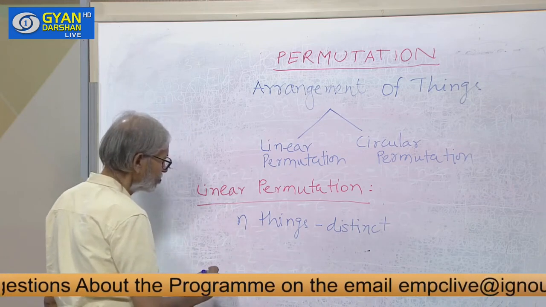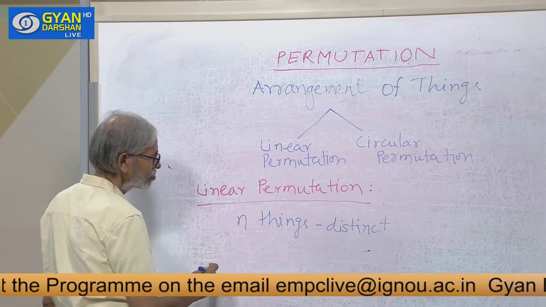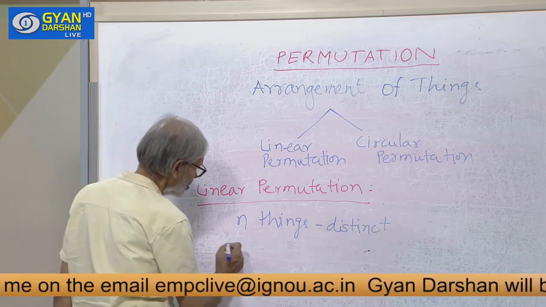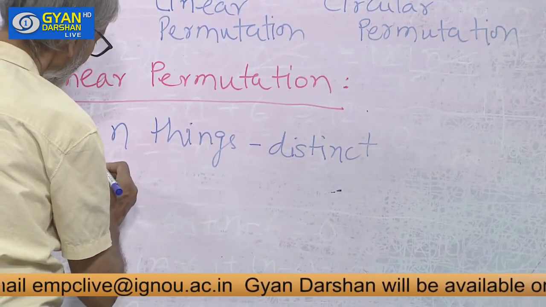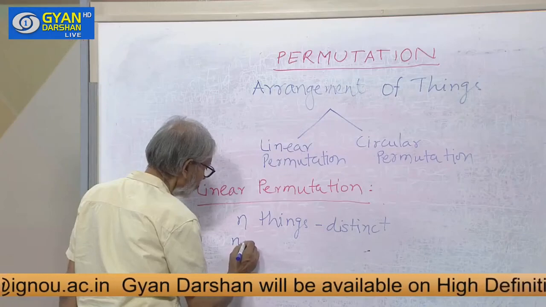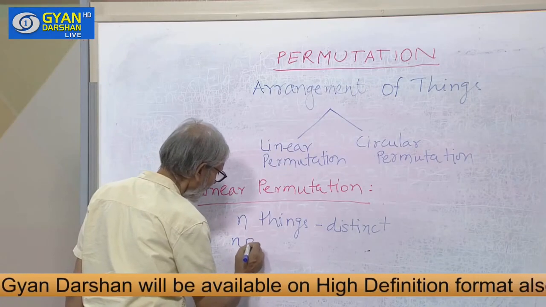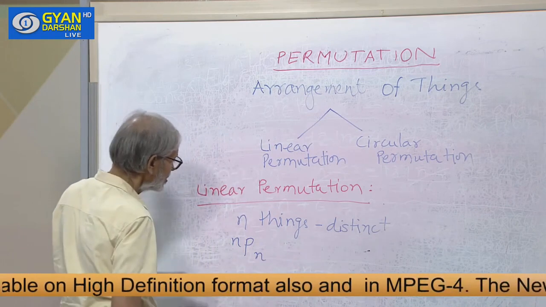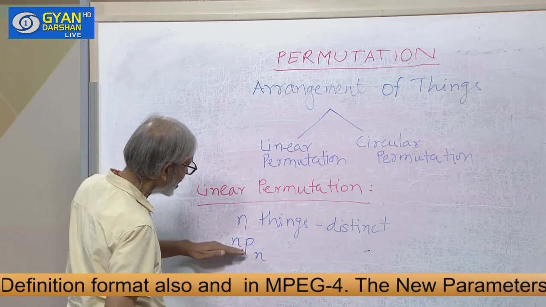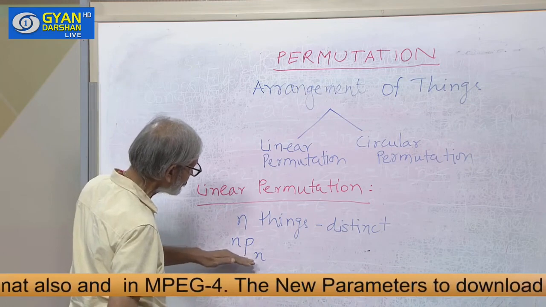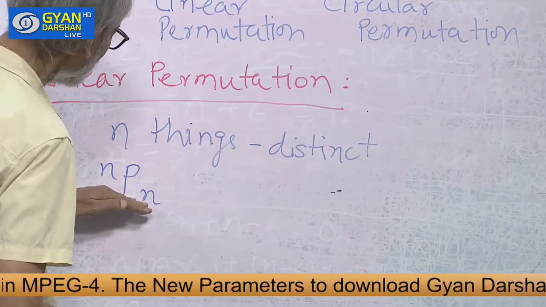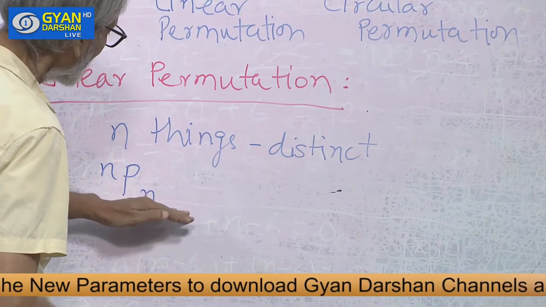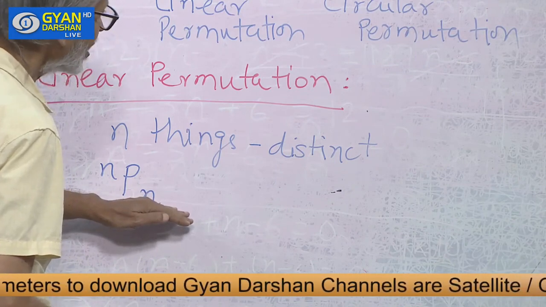So, you see the formula is, we denote it by nPn. What does this n mean? That there are n things, P means their arrangement, permutation, taking n things at a time.